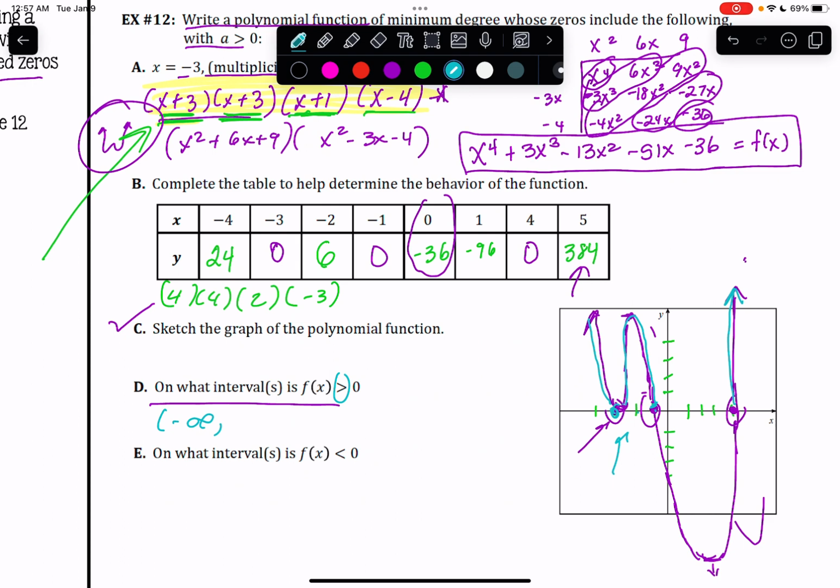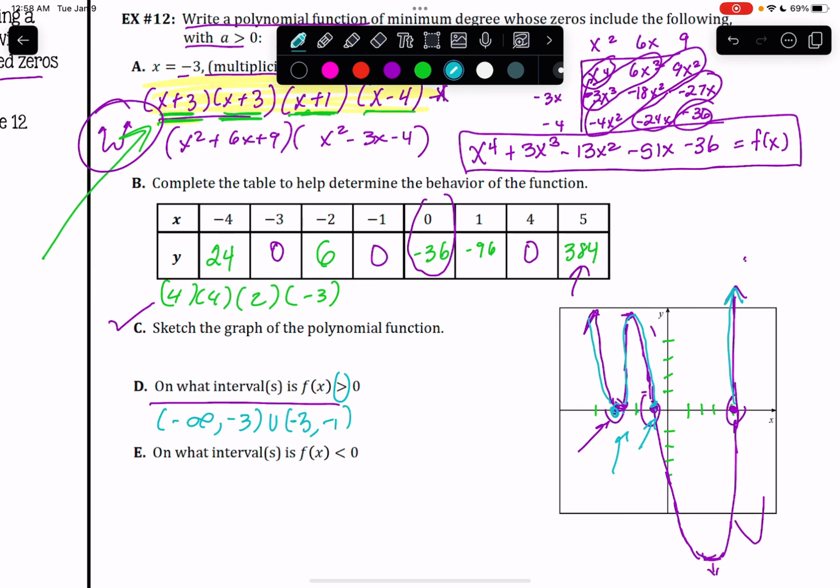So we have to stop at -3, and -3 is not included. If it was greater than or equal, we would include -3 and have a hard bracket, but it's not. And then we go to the second zero closest, at -1, so it's -3 to -1. And then our other piece now is a soft bracket 4, because that's equal to 0 at 4. It'd have to be a soft bracket to infinity. So there we have our intervals where it's greater than 0.